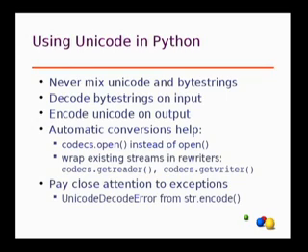And lastly, when you're debugging your code and there's some problem with mixing Unicode and byte strings, pay attention to the exceptions, because there are two exceptions you could get. There's UnicodeDecodeError, which you get when decoding a byte string into Unicode goes wrong, and there's UnicodeEncodeError, which is the other way around.